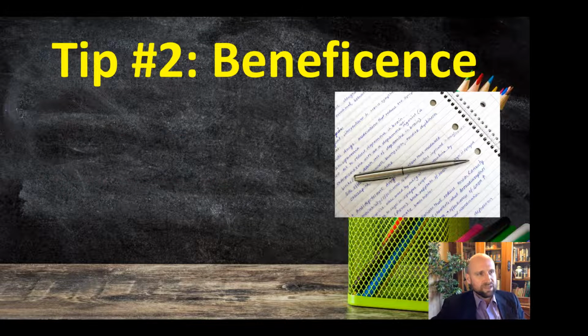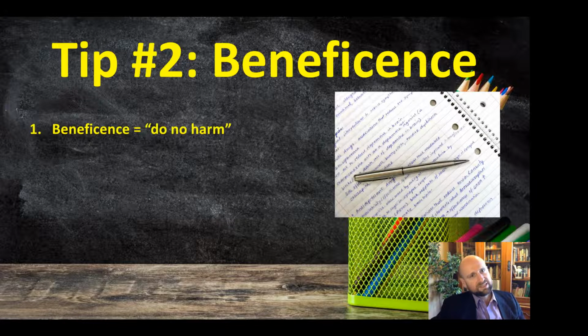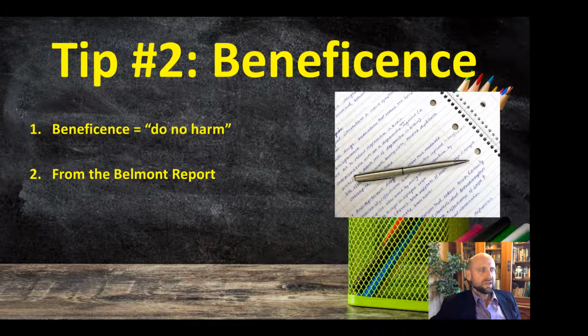Second point, beneficence. This just means do no harm. Don't harm your participants. This is a consideration from the Belmont report, and it could be helpful because if you're asked to explain one consideration, often they work together. Anonymity and informed consent, promising anonymity in your informed consent, and then if you don't give all the information, maybe the debriefing.